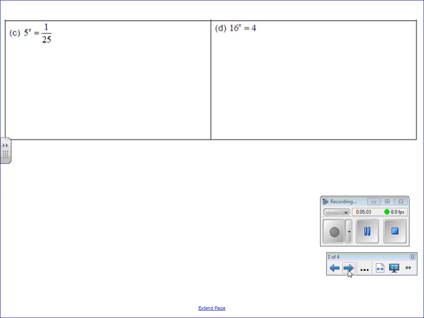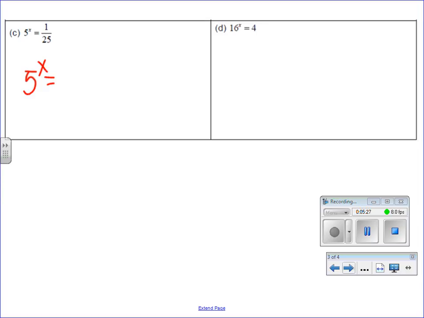So I have 5 to the x power equals 1 over 25. So what I'm going to do is make them have the same base. So I'm going to change the right side of the equation so it has the same base as the left. I know 1 over 25 is technically smaller than 5. However, the number 25 can be expressed as 5 to some power.